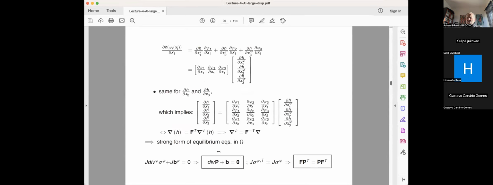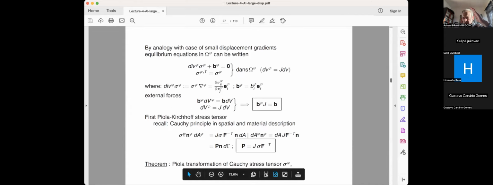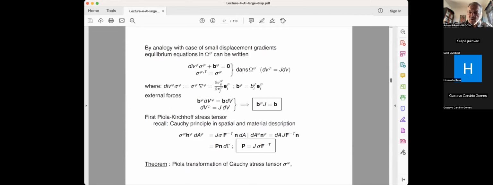And also the symmetry of the Cauchy stress would lead to this result, that F P transpose is equal to P F transpose. In other words, the Cauchy stress is symmetric, but the first Piola-Kirchhoff is not symmetric. More importantly, you'll see that the first Piola-Kirchhoff is a two-point tensor. I go back to the Cauchy principle. You see when you take here, you produce a stress vector in the deformed configuration by using a unit vector normal in the deformed configuration and the Cauchy stress.